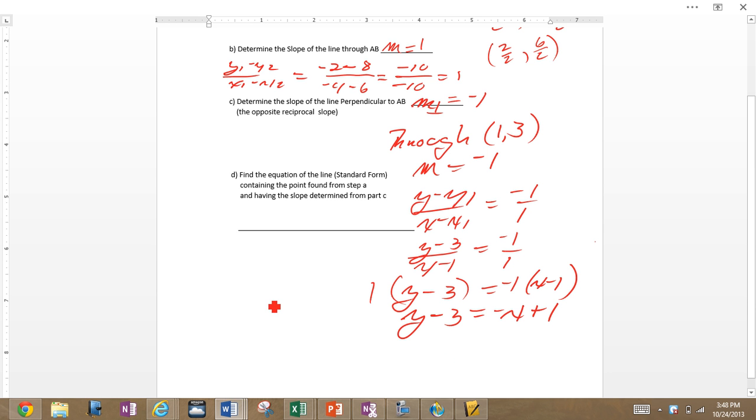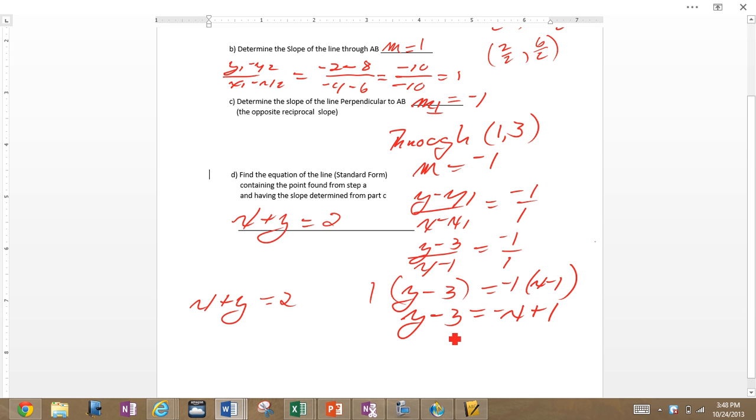Now I've asked for the standard form, which would simply be bringing the x over. So I'd get x plus y, and then I'd add the 3 to both sides, which would give me 4. Okay, so that's the answer: x plus y is equal to 4.